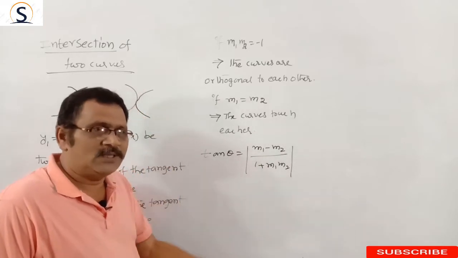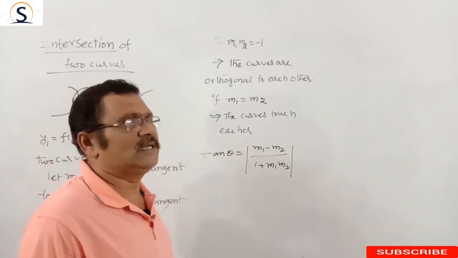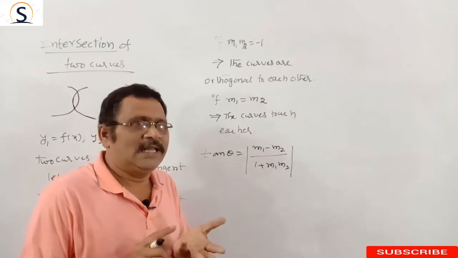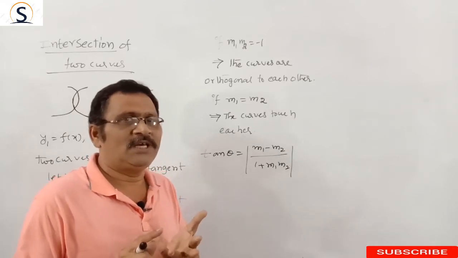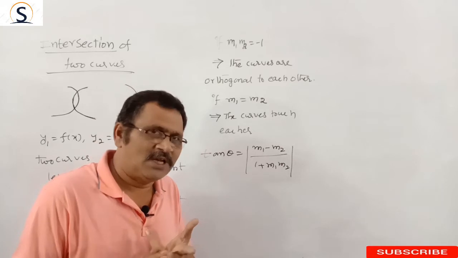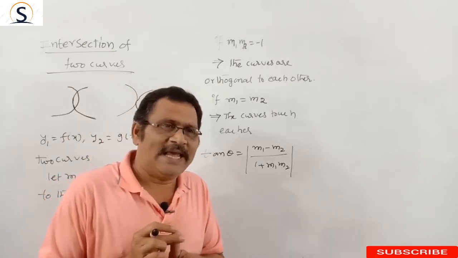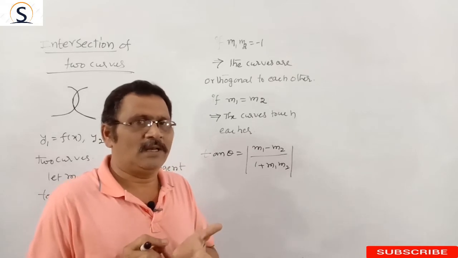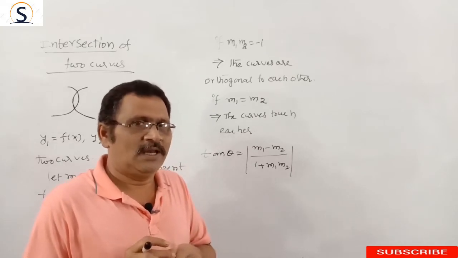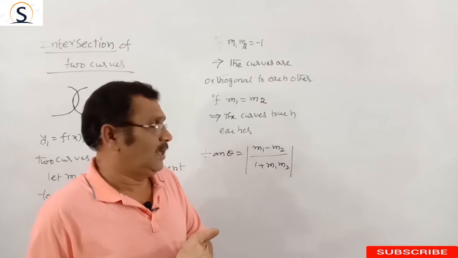Now these are the main points in this chapter. What we have discussed here: length of the tangent, length of the subtangent, length of the normal, length of the subnormal. Next, slope of the tangent, slope of the normal, tangent equation, normal equation.